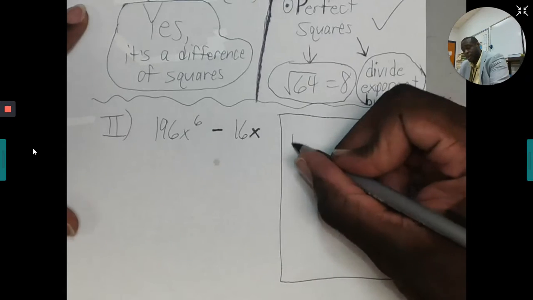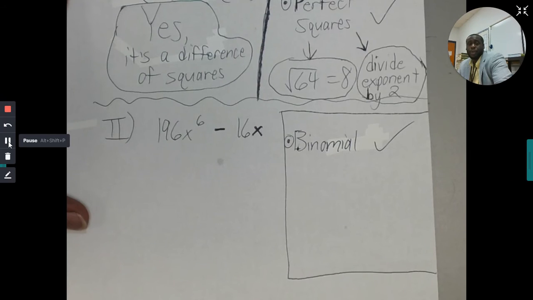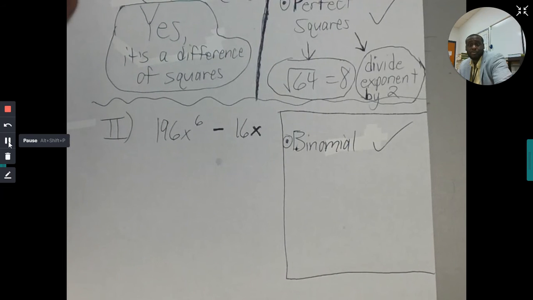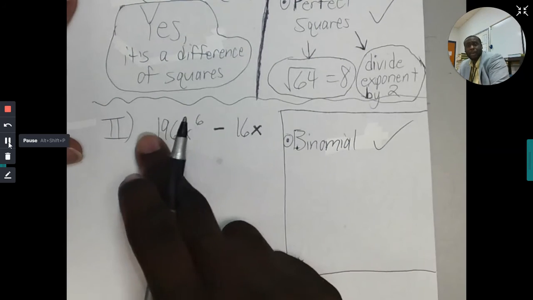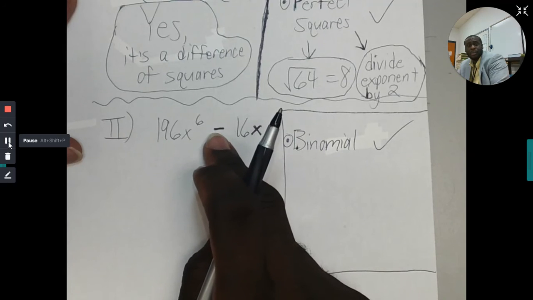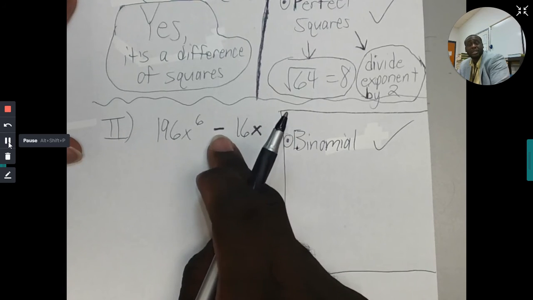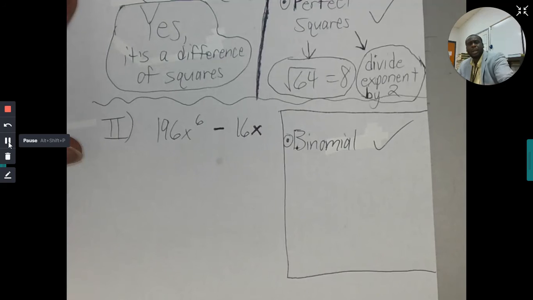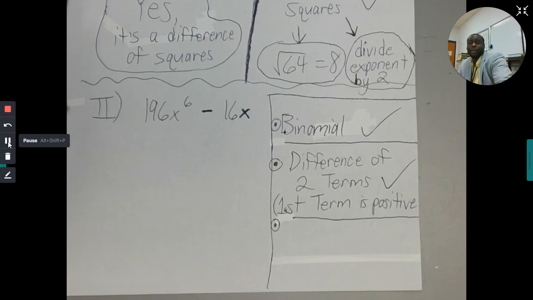So, is it a binomial? Yes. Is it a difference of two terms where the first term is positive? Well, yeah, you got a positive something here and you got subtracted or minus, it's a difference. Yeah, you got two terms subtracted and the first term is positive. And now, are they perfect squares?